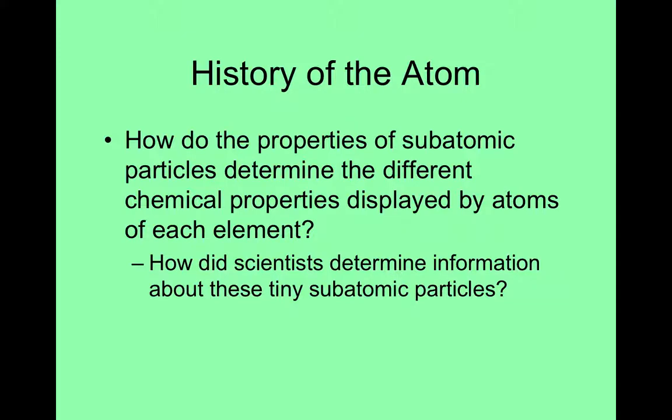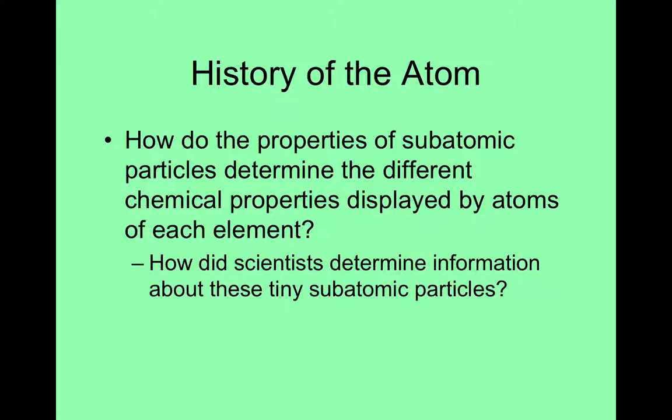I've been talking about mass and charge and even location of these particles. We don't really know the different chemical properties displayed by atoms, but I can tell you that atoms of different elements do behave differently. And I think we can guess that the reason is going to be because of these properties of subatomic particles and the number of subatomic particles in the different types of atoms.